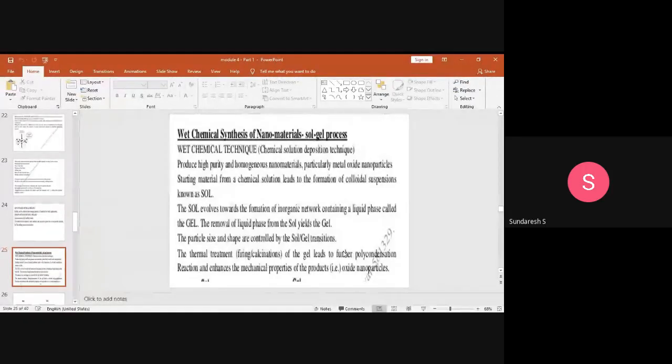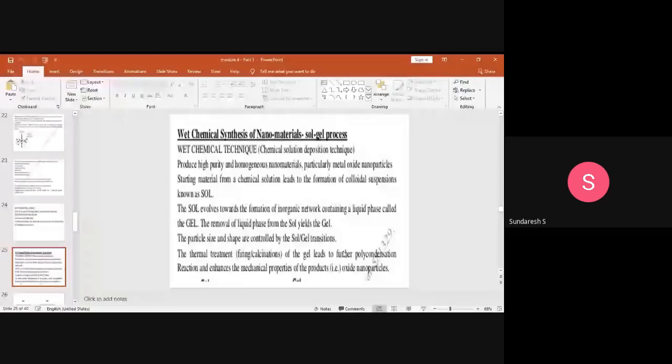It starts from a chemical solution that leads to the formation of colloidal suspensions known as sol. Sol corresponds to the suspension. The sol evolves towards the formation of an inorganic network containing a liquid phase, called the gel. The removal of the liquid phase from the sol gives the gel.